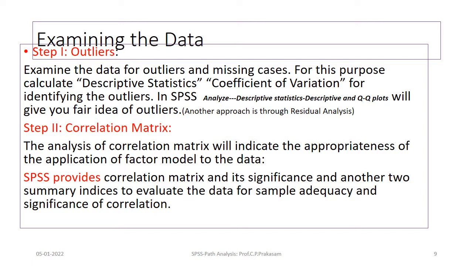SPSS will provide you the correlation matrix, its significance and two other summary indices to evaluate the data for sample adequacy and significance of the correlation. That SPSS will give you, that we will discuss in the next one.